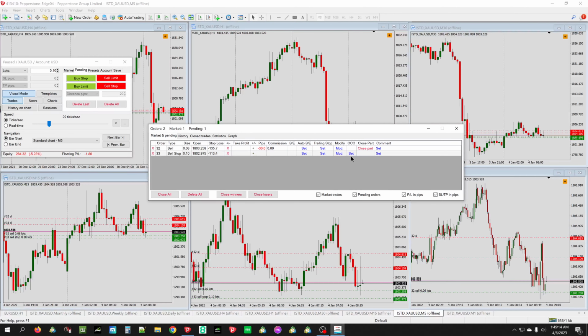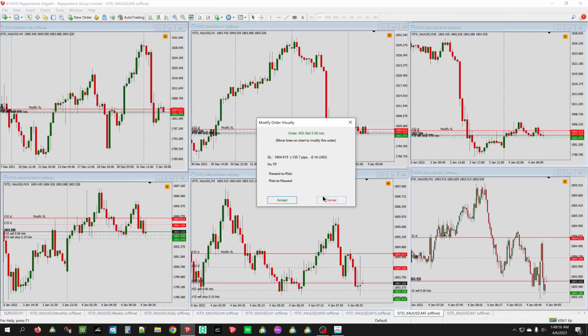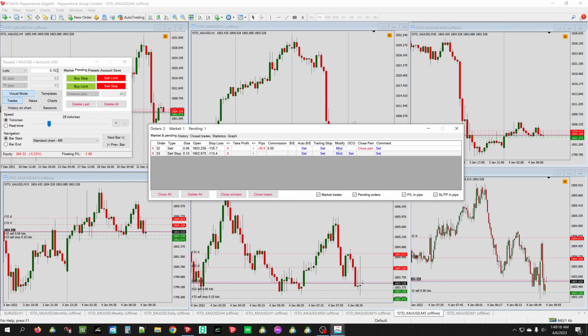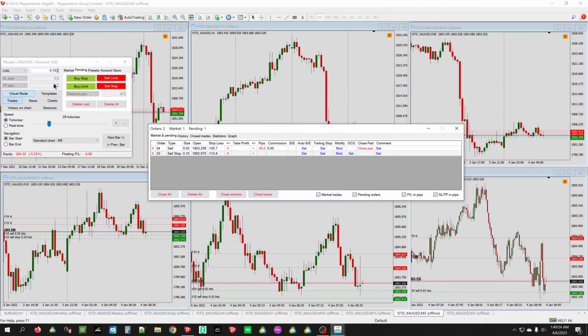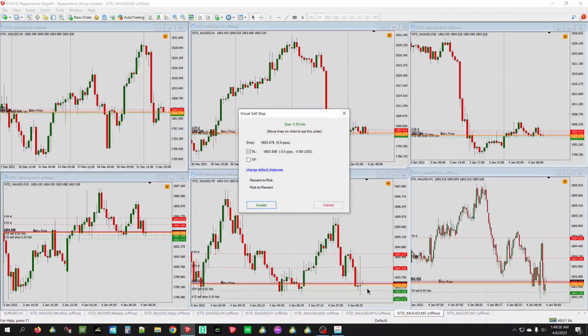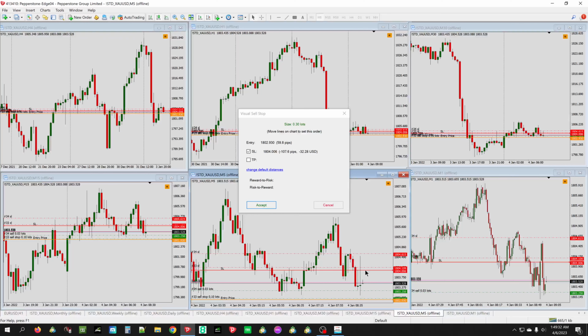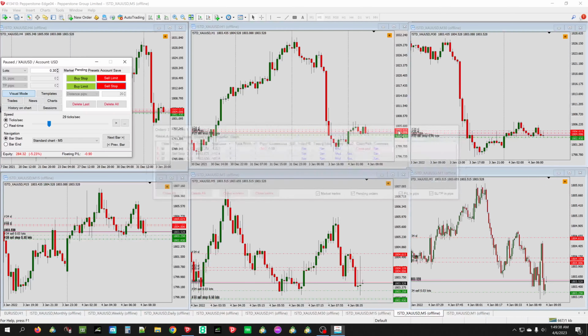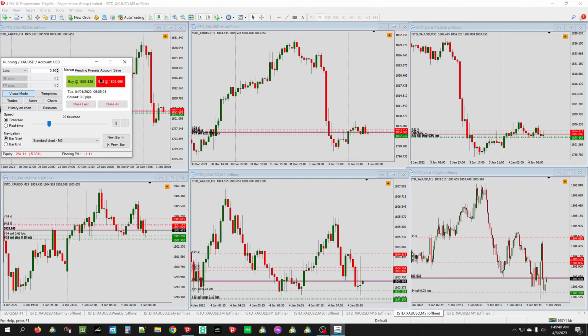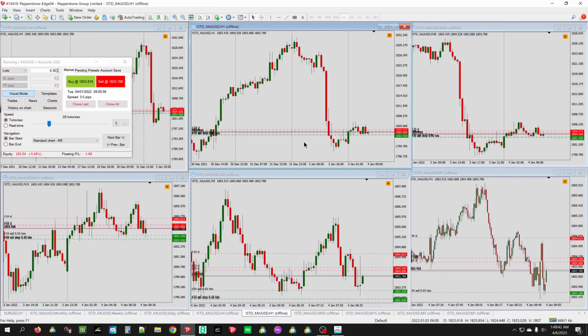I will re-add this risk back once we break below these M30 candle lows, once we break below M5 candle lows. And yeah, this is what I exactly want, and now I will wait.